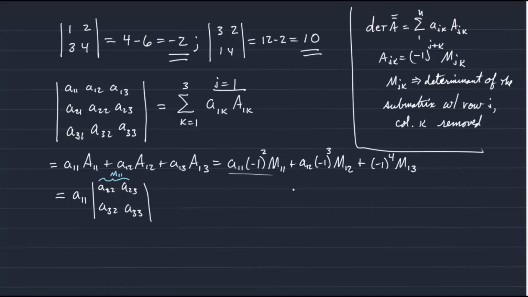So that's this first term. The second term is minus 1 raised to an odd power, so that's a minus, and we have A12, and M12 is the determinant of the submatrix when we remove the first row and second column. So that is A21, A23, A31, A33. We're striking out this second column and first row, and what's left is that submatrix.